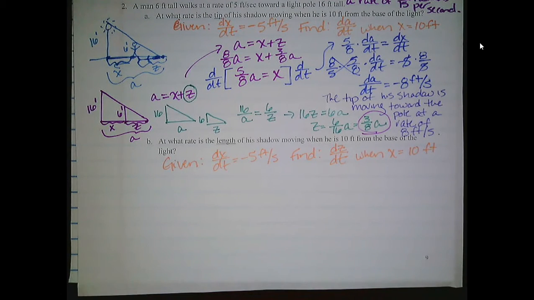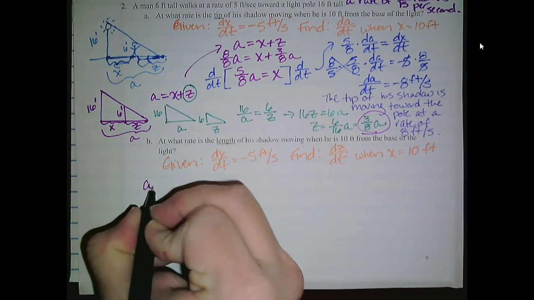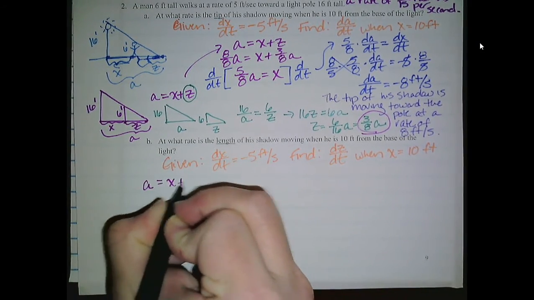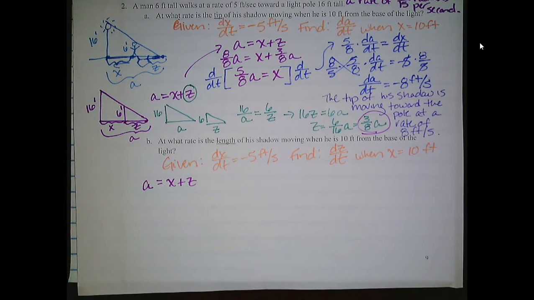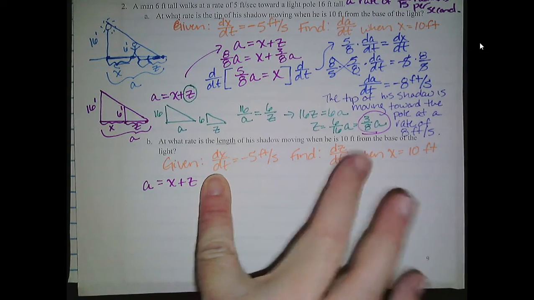So again, I'm going to start back with my original relationship that actually related all three variables. I know that A is equal to x plus z. This time, though, I'm wanting to know about dx dt and dz dt.